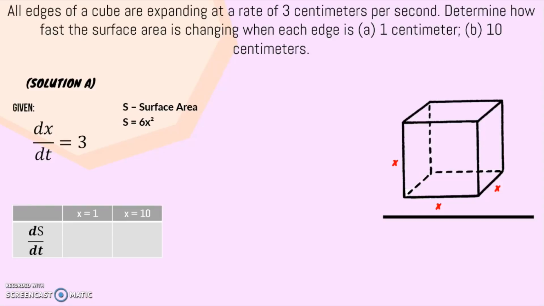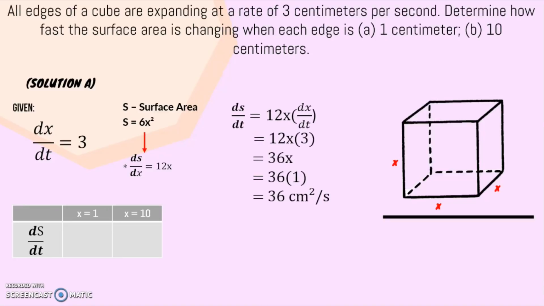Okay, moving on. The next step is to find the derivative of S with respect to time. In order to do this, we solve dS/dt applying the concept of the power rule.